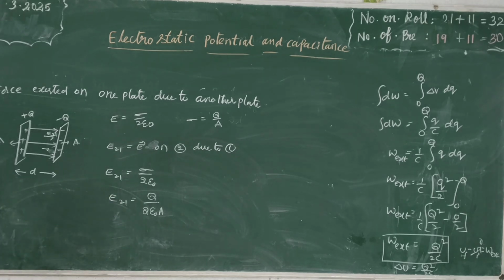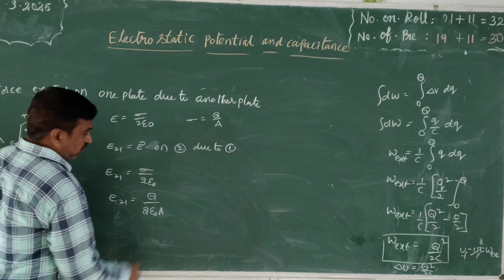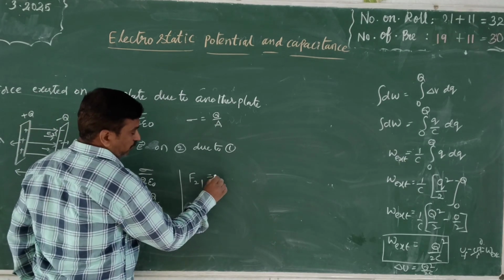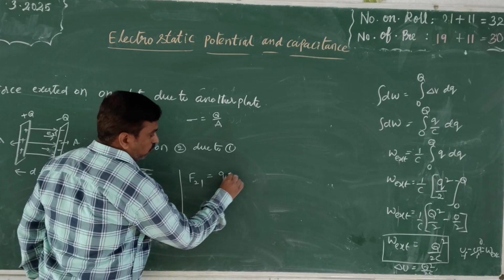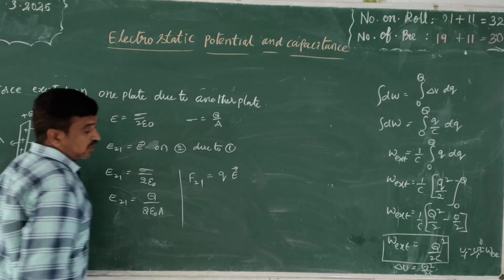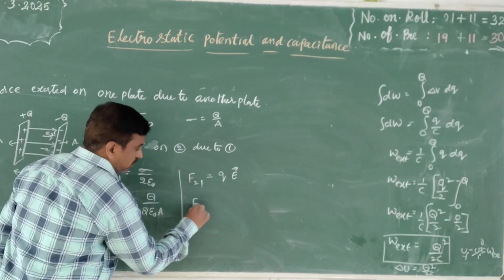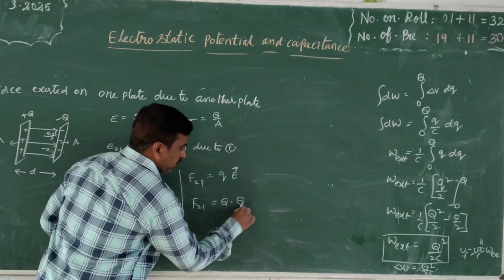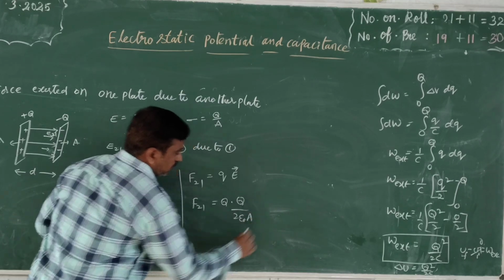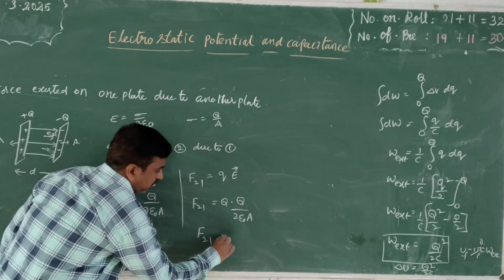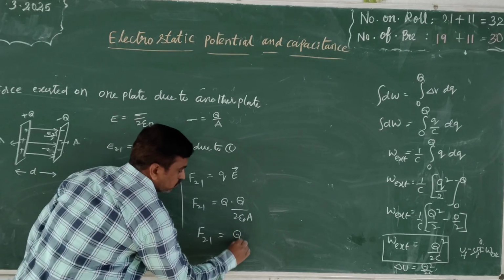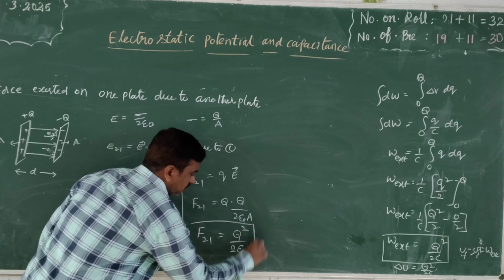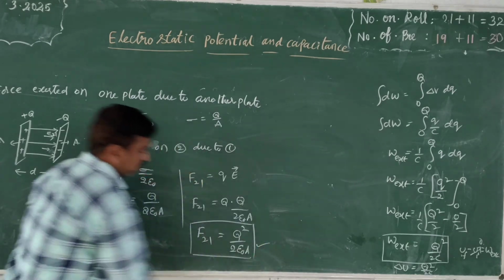We want the force on the second plate due to the first one. Force means charge into electric field, so Q into Q by 2 epsilon naught A. The force on the second plate due to the first plate is Q square by 2 epsilon naught A.